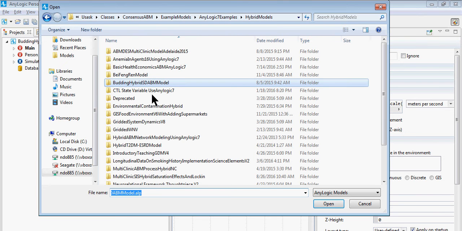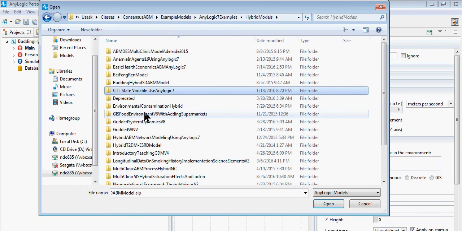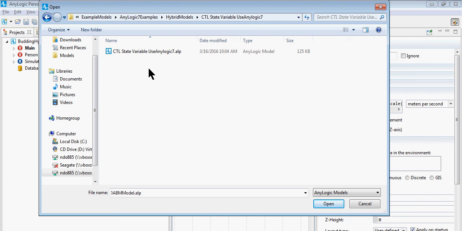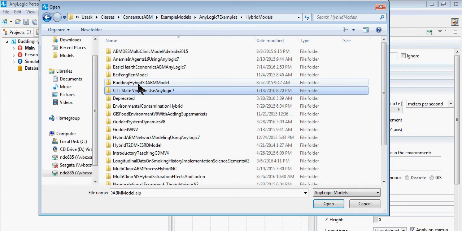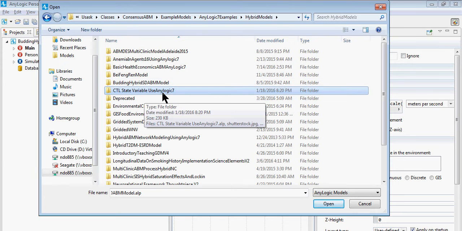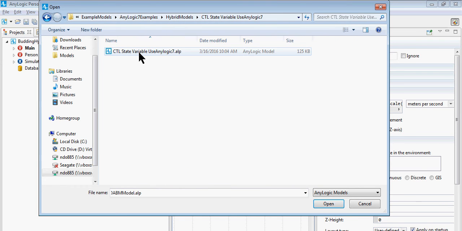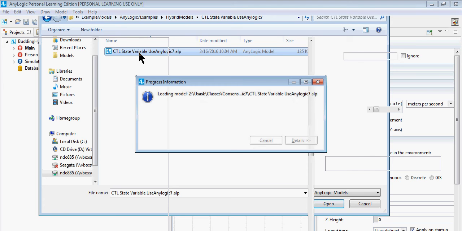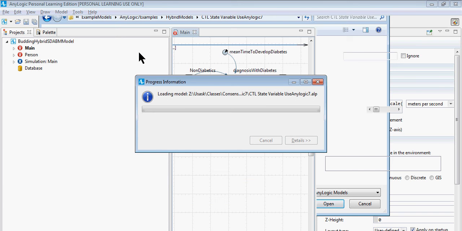So you can run this. I should have run that last model, but time is of the essence. You can learn a little bit from the dynamics, perhaps more about how they work. So here we go.